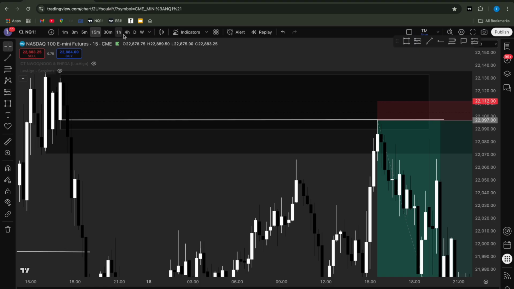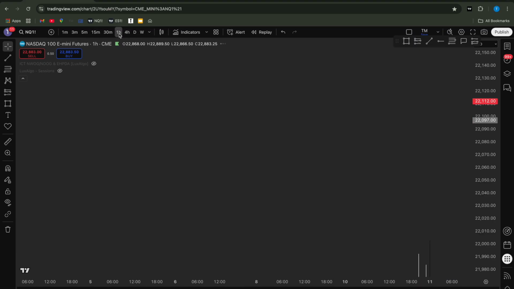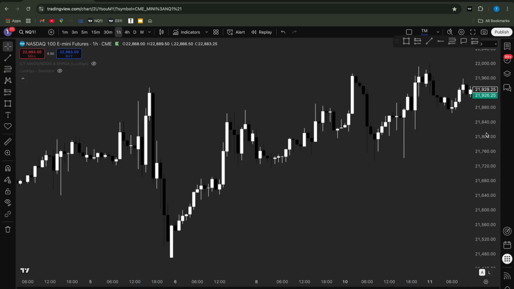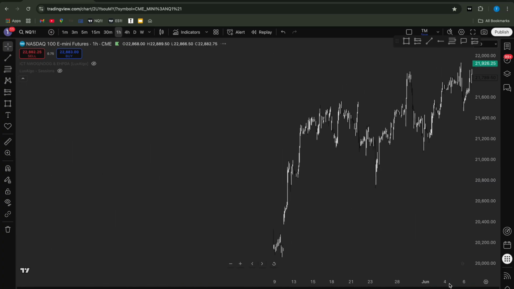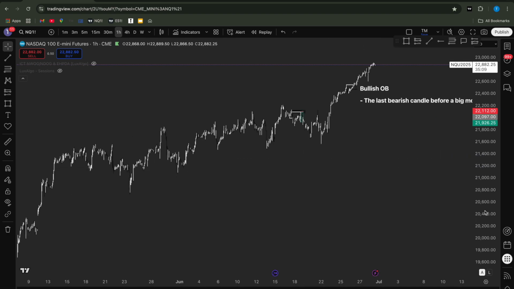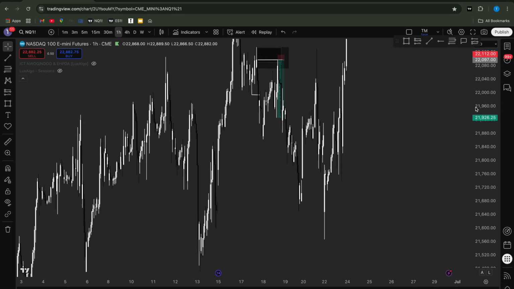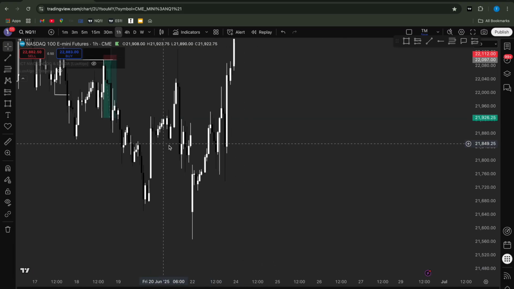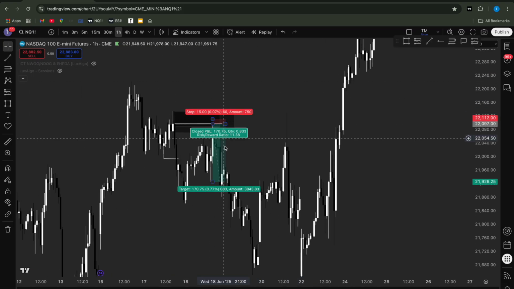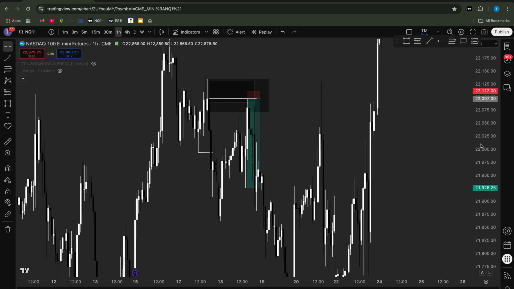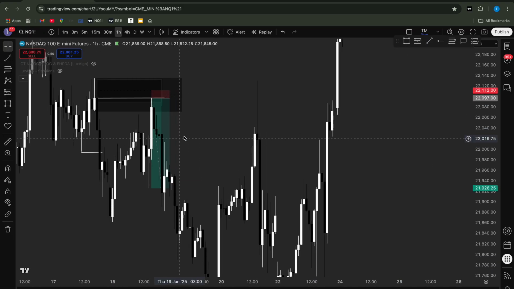You start off with the higher time frame order blocks, and then you look. So this was originally a 1 hour. You start off with your higher time frame order blocks, and you go down in time frames and look for order blocks within the higher time frame order blocks to get more precision. But don't worry about that too much yet.